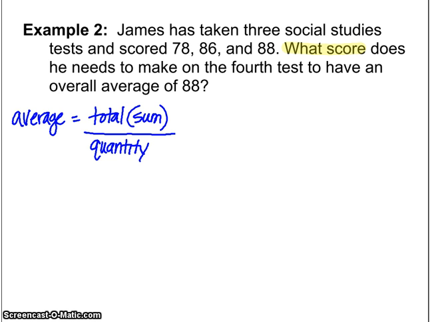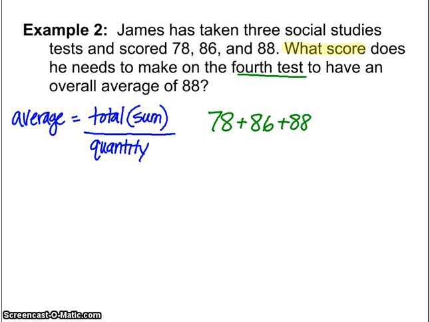So let's set this problem up. Again, we're going to take the total of each of the tests. The first test, he got a 78, plus the second test, which is an 86, plus the third test, which was an 88. Now, what James wants to know is what does he need to score on the 4th test?